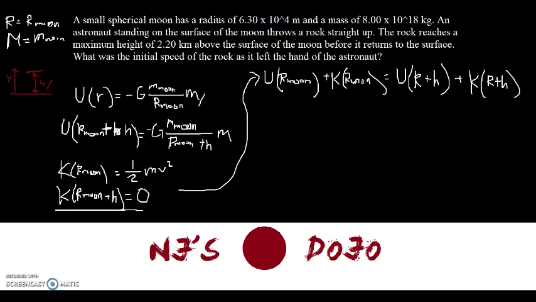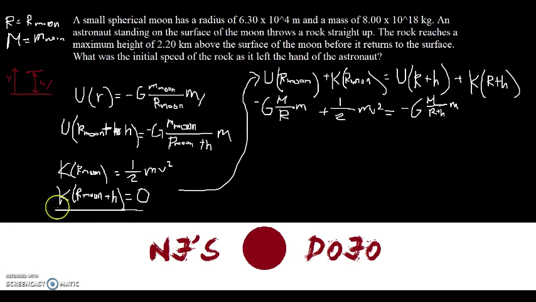Okay, here we go. So we've got negative gravitational constant times M, mass of the moon, over radius, times the mass of the rock, plus 1/2 m v squared is equal to negative gravitational constant times mass of the moon over the radius of the moon plus the height of the thrown rock, times the mass of the rock.